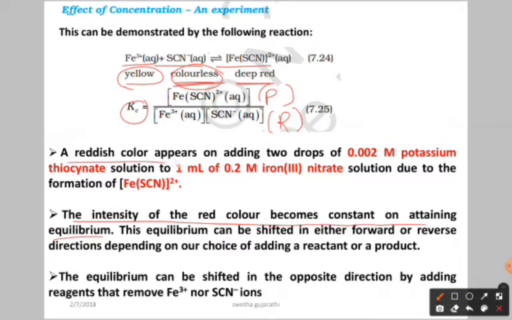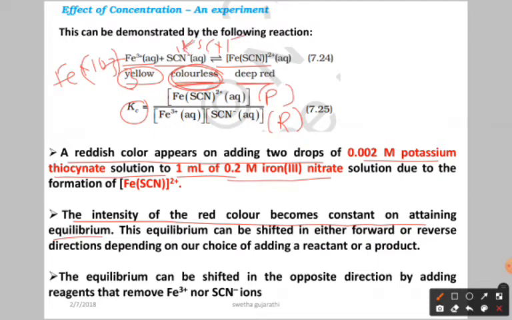A reddish color appears on adding 2 drops of potassium thiocyanate to 1 ml of iron nitrate. Instead of writing iron nitrate, they wrote the ionic equation. If you add potassium thiocyanate, KSCN, we write it like this.